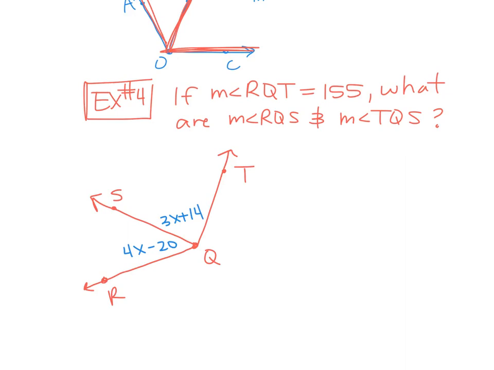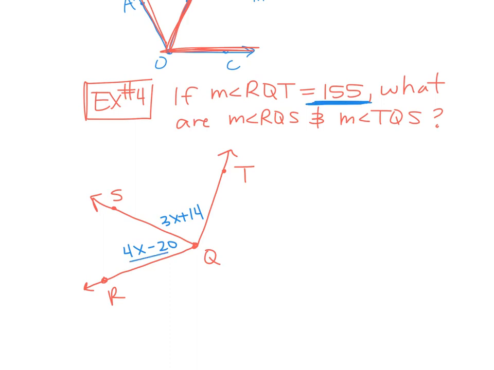All right, so it says that RQT, so the big angle, is 155. How can I set this up using angle addition postulate? Yeah, Jamie. You can add RQS and SQT together. Right, so don't forget they gave you valuable information, 155.